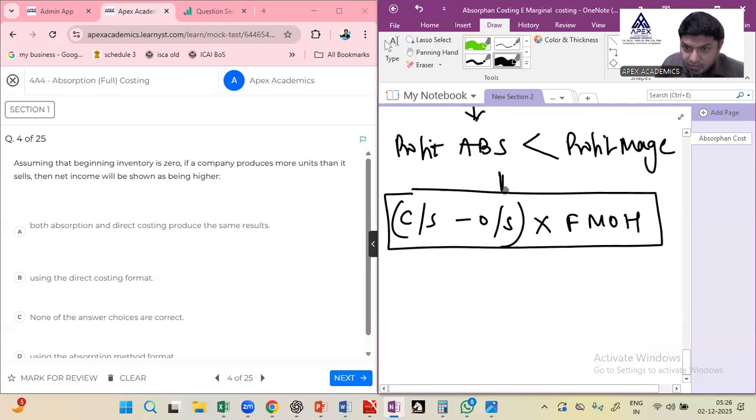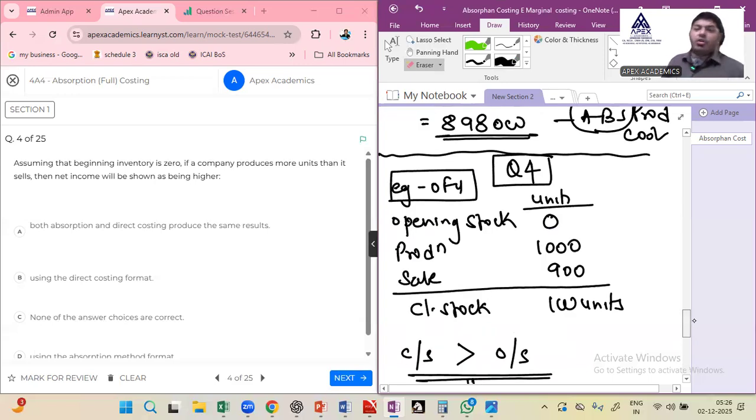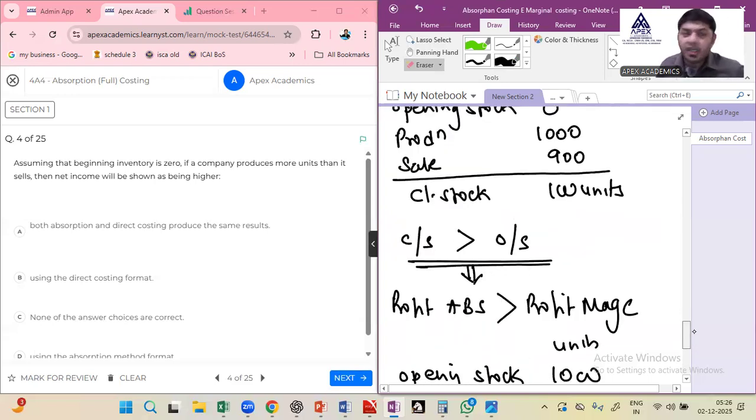But this particular calculation I will just hold and do it for you when the question poses itself. At the present moment, with the understanding of this concept that I just shared with you, we are in a position to solve MCQ number 4.